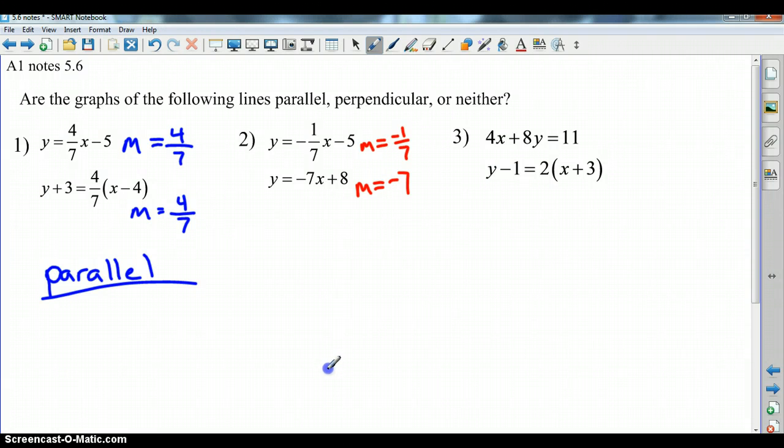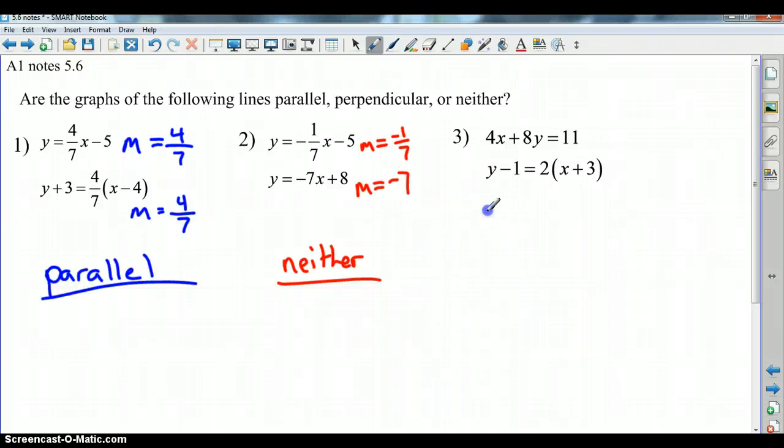That is not the situation that we have here. In this particular case, we would just have to say neither. But you say, wait a minute, Mr. Hale, these are reciprocals. You would be correct. They are reciprocals. However, the signs must be opposites. So if one is positive, the other has to be negative.